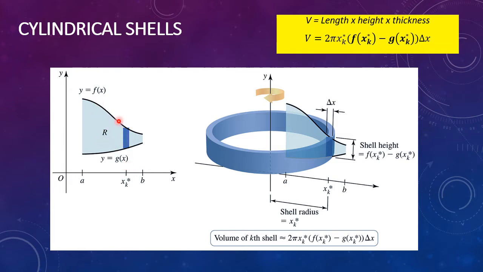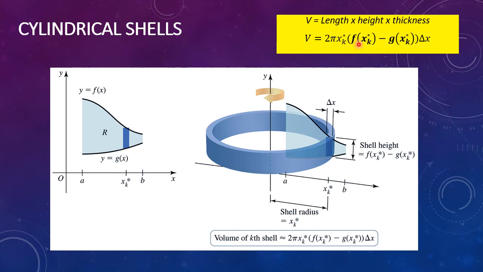But here we have a shell that's floating above the x-axis, and this will work in all cases. If there's only one function, then you would just use f of x. But of course, remember that if we're looking for the area R, then that height is going to be the difference, as you can see in the adjusted formula up here.